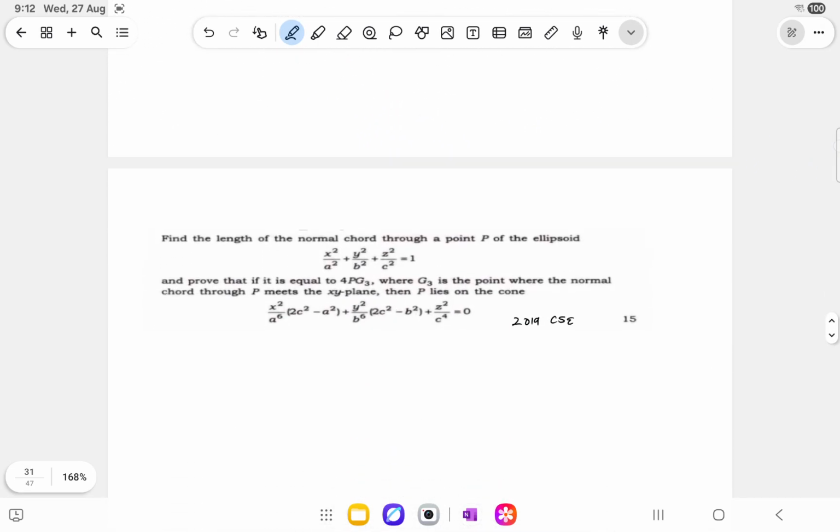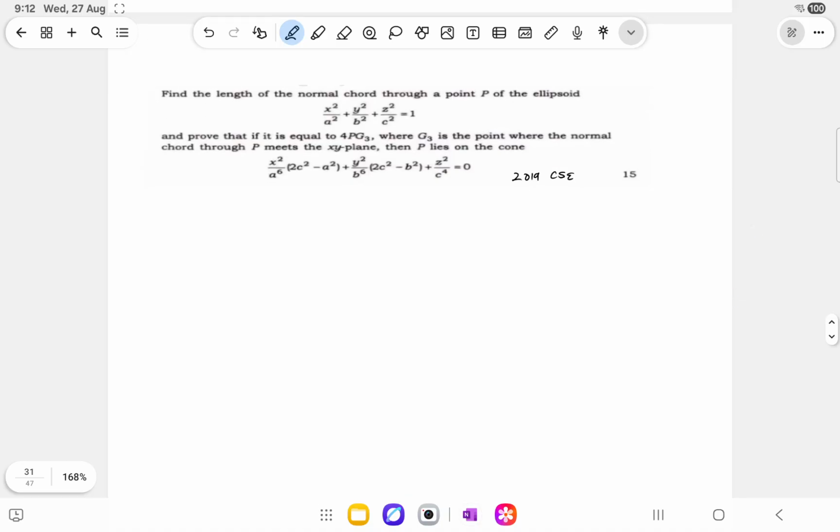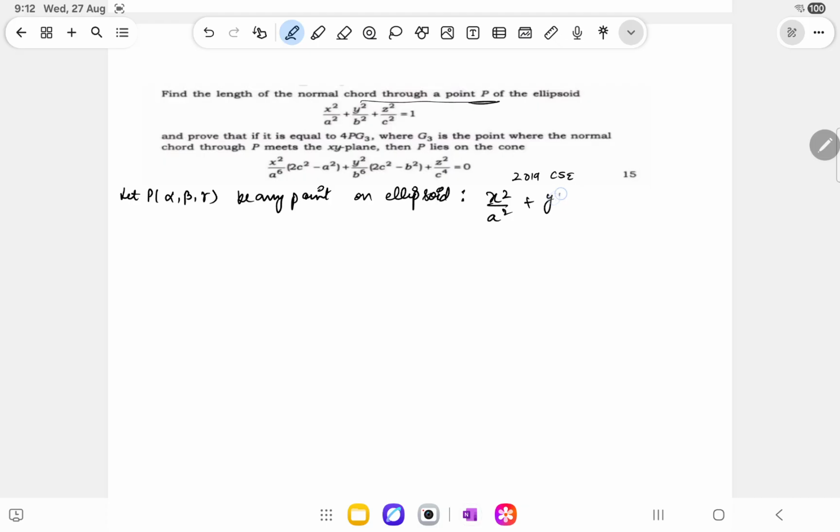So let us move on to the next question. The next question says that find the length of normal chord passing via point P of the ellipsoid. So let's say alpha comma beta comma gamma be any point on the ellipsoid, and that ellipsoid is basically x square by a square plus y square by b square plus z square by c square is equals to 1.